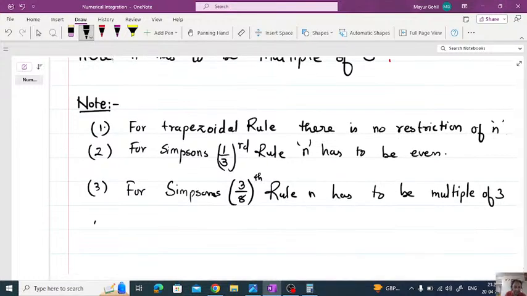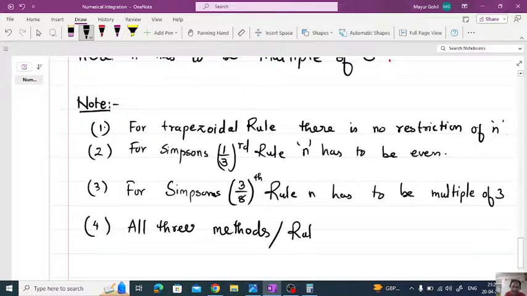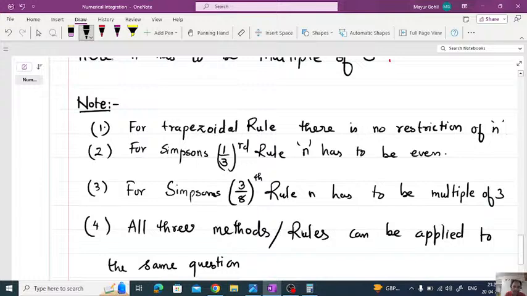Fourth, all three methods or rules can be applied to the same question when n equals 6, 12, 18, like that.